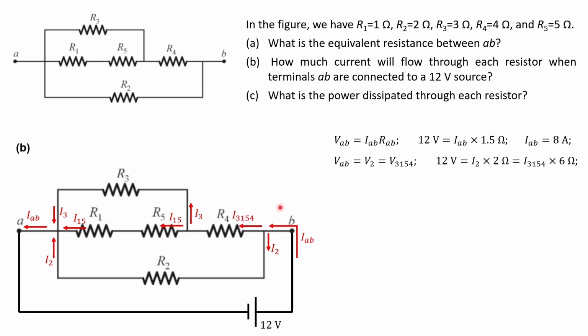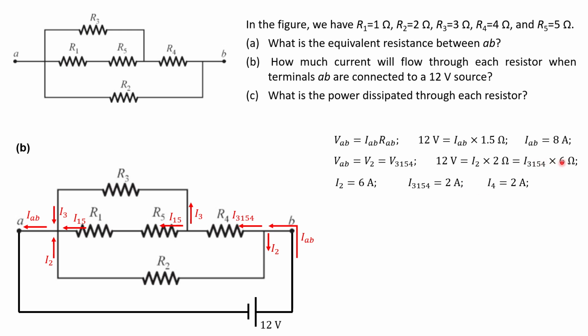So what I'm going to write down is total voltage is equal to V sub 2, the voltage drop across resistor 2, which is also equal to the voltage drop across this part of the network, V sub 3154. So 12 volts has to be equal to I2 times R2, which is 2 ohms, and it also has to be equal to I sub 3154 times 6 ohms. Well, from here we can easily calculate I2 to be 6 amps and I sub 3154 to be 2 amps, right?